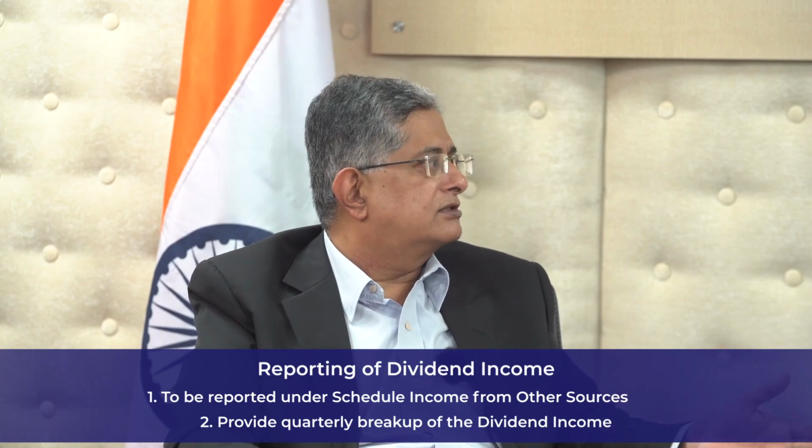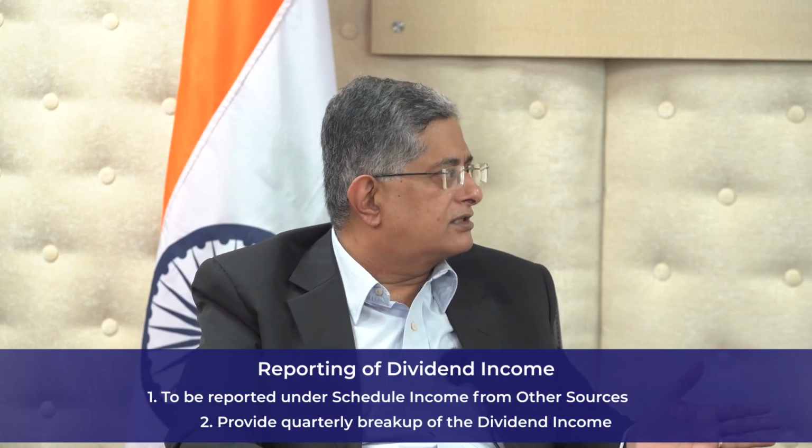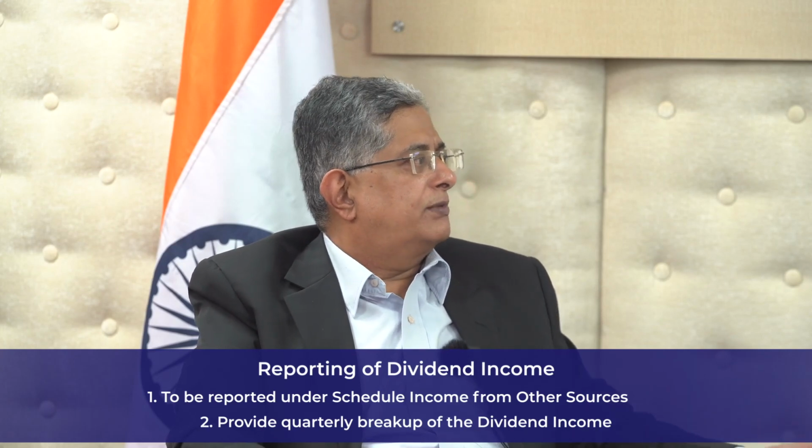This is important because if the dividend is earned in the last quarter of the year, then he doesn't have to pay advance tax right from the beginning. He can pay advance tax only towards the end. That way the 234C interest for deferment of advance tax will be properly calculated if he reports the quarterly breakup of dividend income. So these are some things that the taxpayers can note.